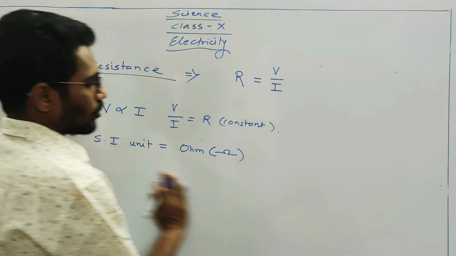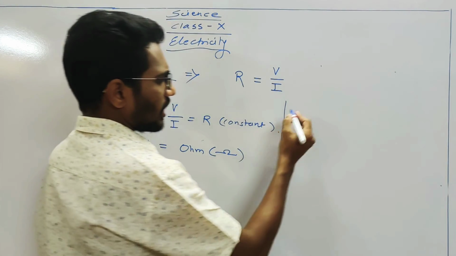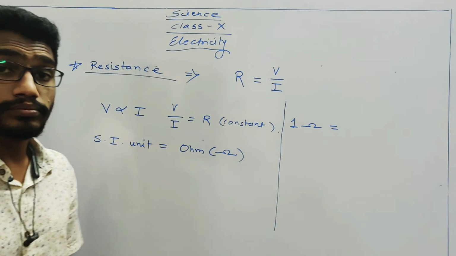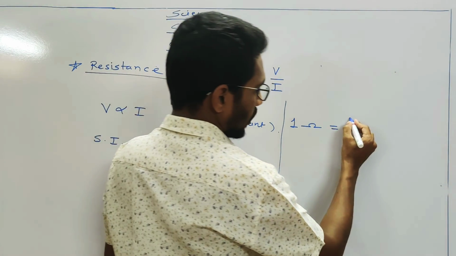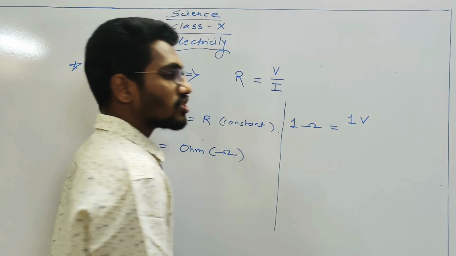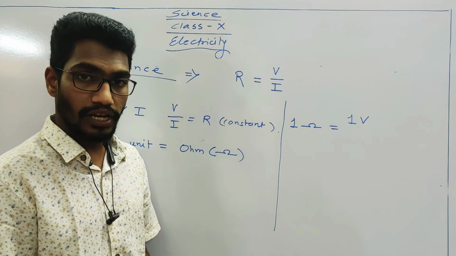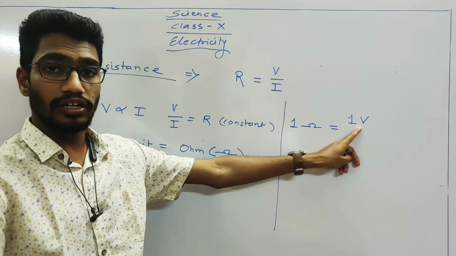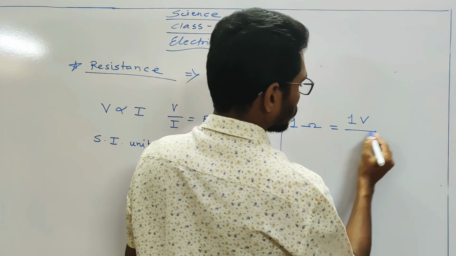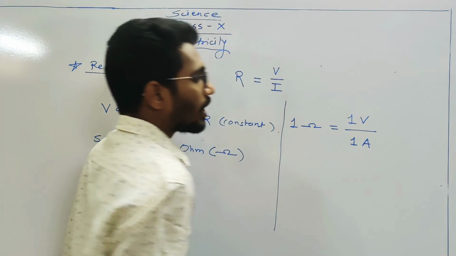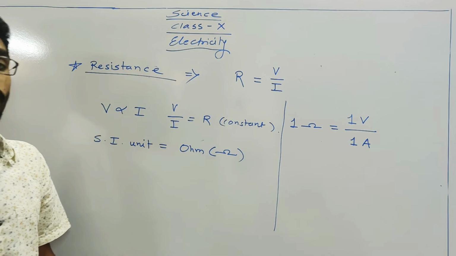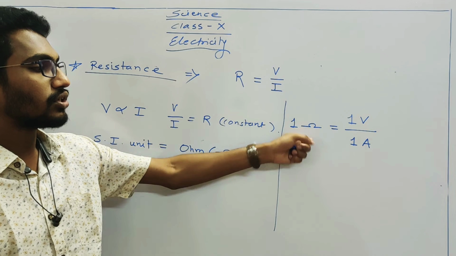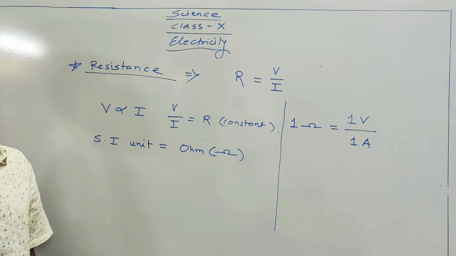Okay, then so when we can say that any conductor having a resistance of 1 ohm, so we can say when 1 volt of potential difference is applied between the two ends of a conductor, and it allows 1 ampere of current flows through it, then the resistance of that particular conductor is of 1 ohm. Is it clear to all?